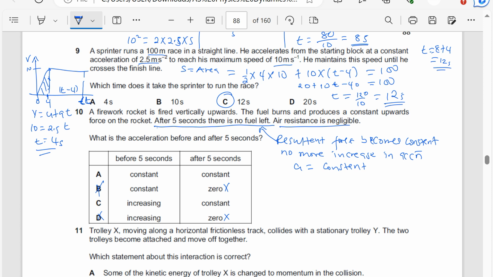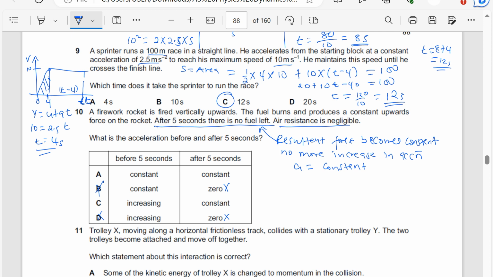When a forward force is produced, there will be an increase in acceleration, because the resultant force increases.